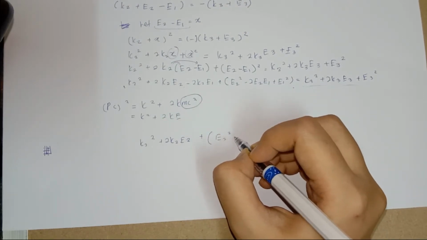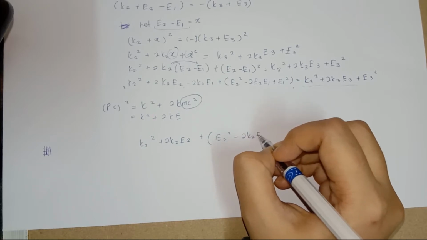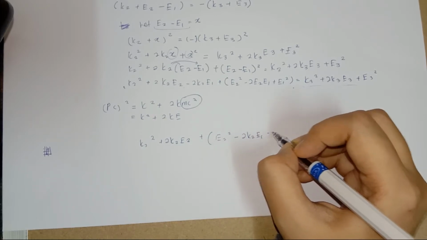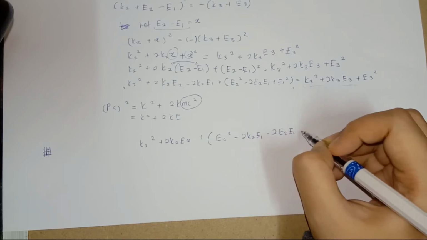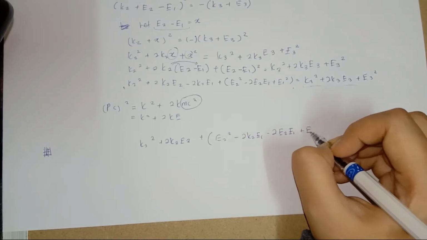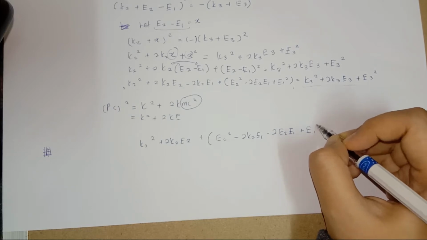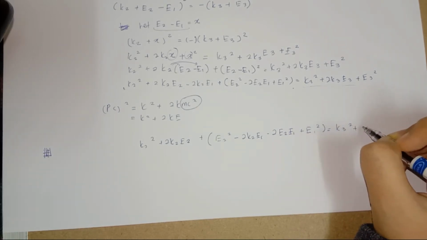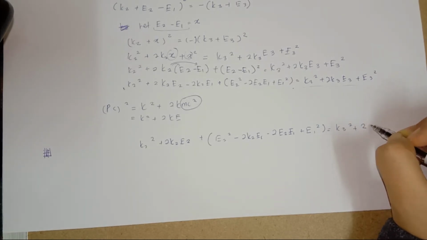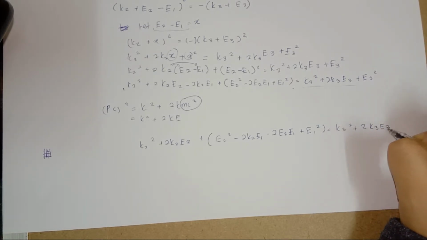E2 squared minus 2K2E1 minus 2E2E1 plus E1 squared equals K3 squared plus 2K3E3 plus E3 squared.